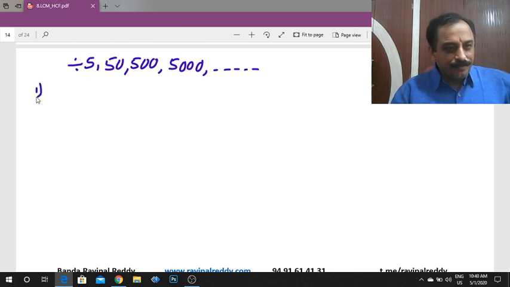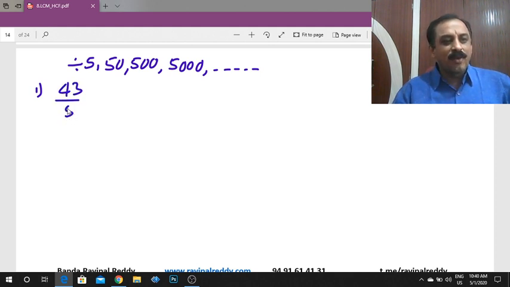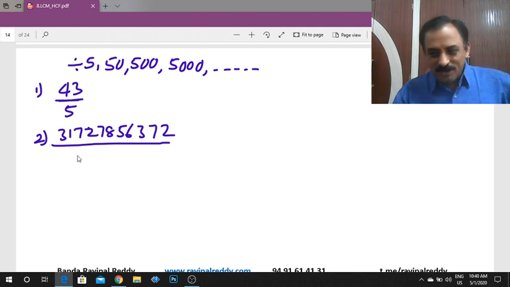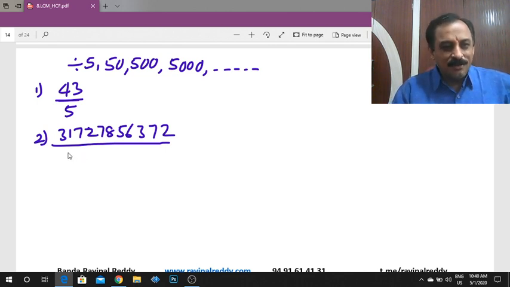Today's tip is any number divided by 5 or 50 or 500. For example, 43 by 5. One more example, 31727856372 divided by 5. Now the second question, a very big number divided by 5 followed by many zeros.